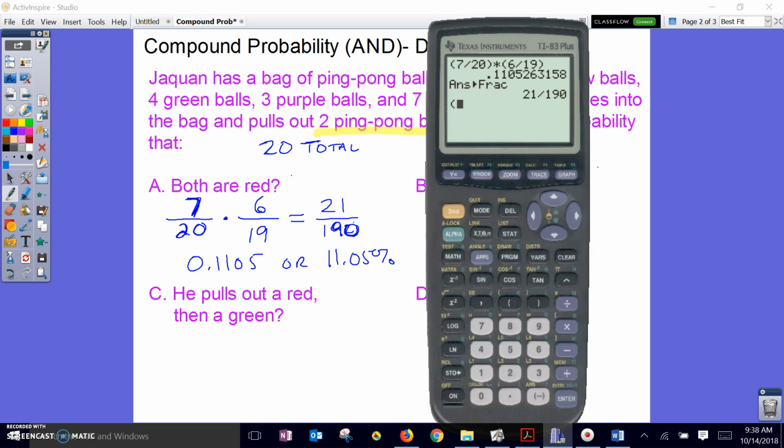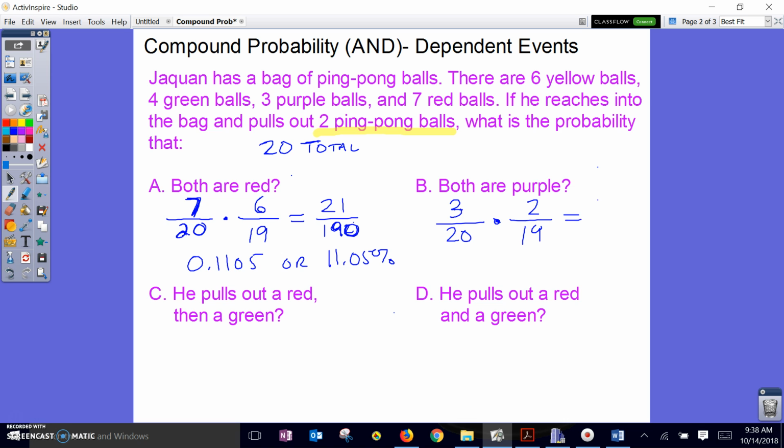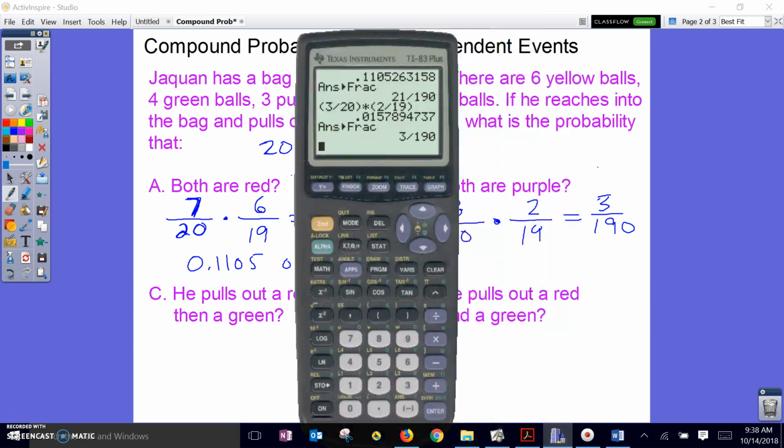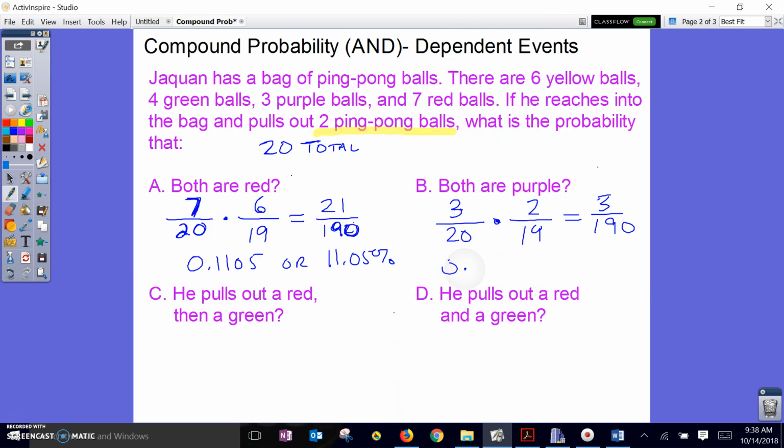And so we'll go ahead and calculate that value. 3 over 20 times 2 over 19. Change that over to a fraction. That's 3 out of 190. So not very likely.